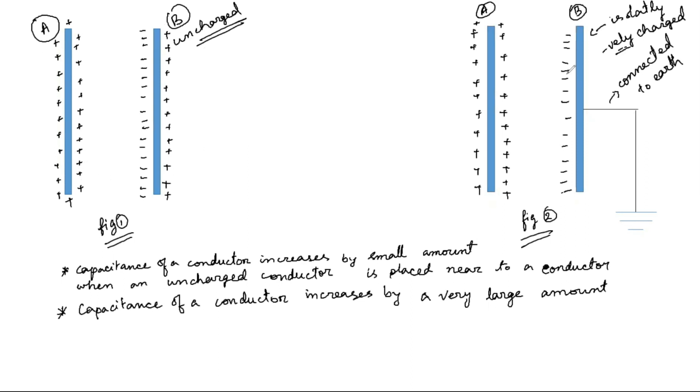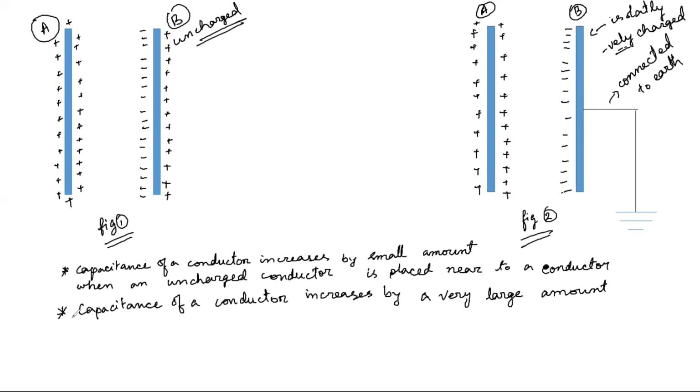But if you see figure 2, you are having only negatively induced charge on this plate, because of which the overall electric potential value decreases. In this case, you are not having any positively induced charge. So the potential value decreases by a very large amount. And since that decrease is of very large value, it can take a very large extra amount of charge.